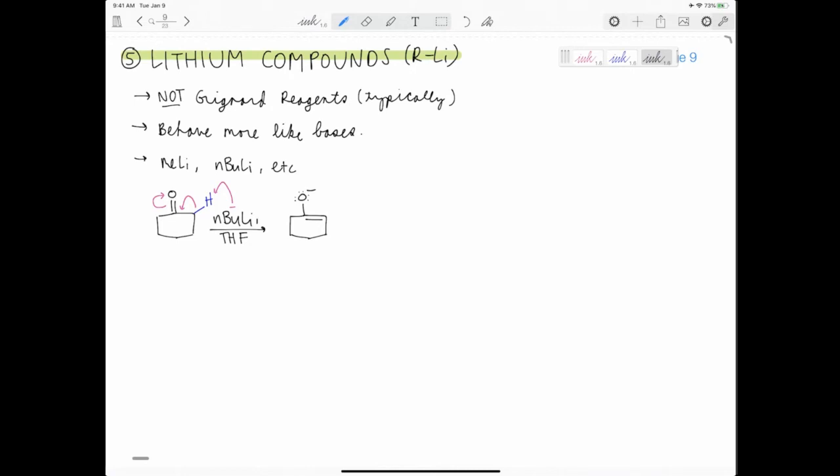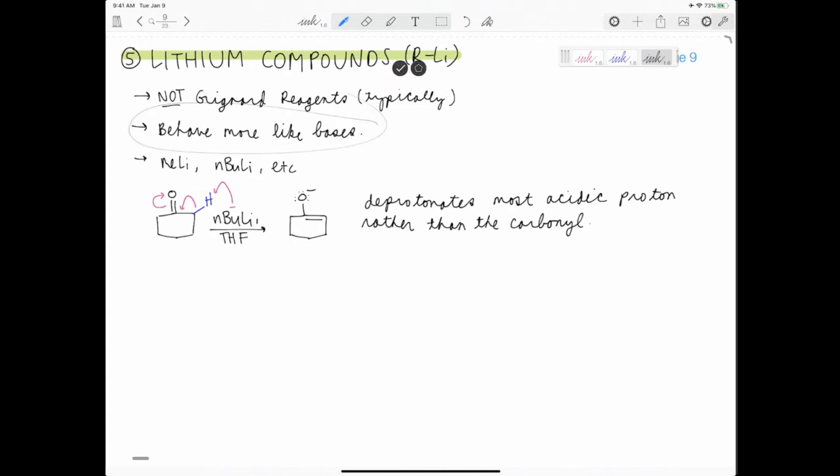It deprotonates the most acidic proton rather than attacking the carbonyl. And why is that so? It's because of their behavior like bases.